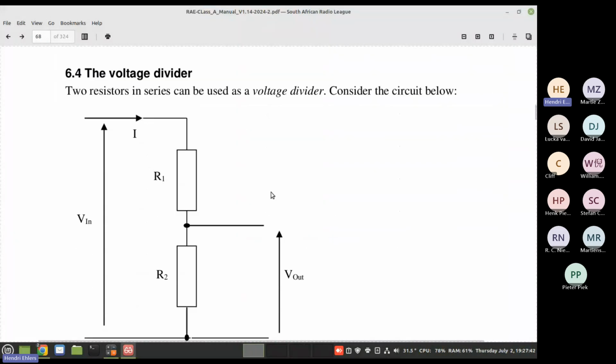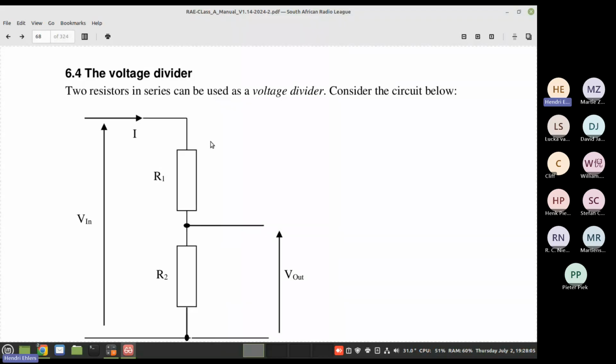Now, this is a voltage divider, and this is something we regularly use when you, for argument's sake, want to build yourself a digital voltmeter. You've got your PIC microchip or your Arduino, and you want to measure 12 volts.